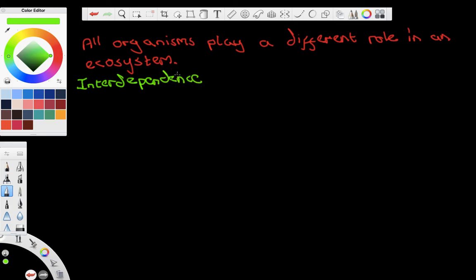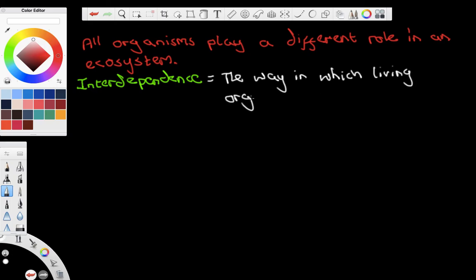And we can define interdependence as the way in which living organisms rely or depend on each other to survive, grow and reproduce.